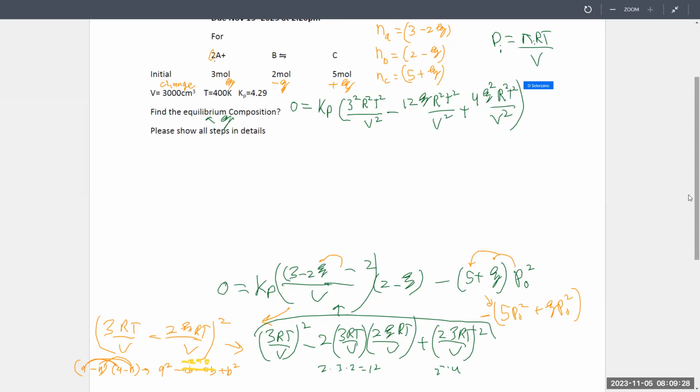All that times 2 minus E thing. And then that equation is still longer. So minus 5 P naught squared plus E thing P naught squared.